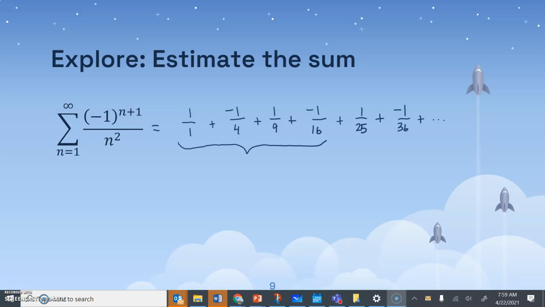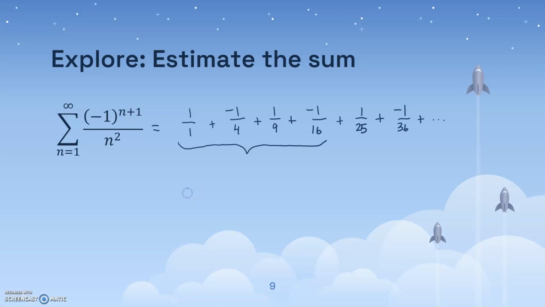When I find a common denominator, it's going to be 16 times 9, because 4 goes into 16, and 16 times 9 is 144. So I'd have 144 as a denominator.